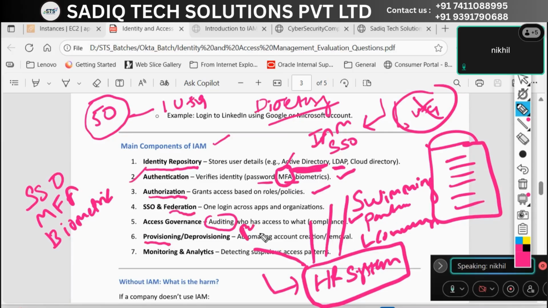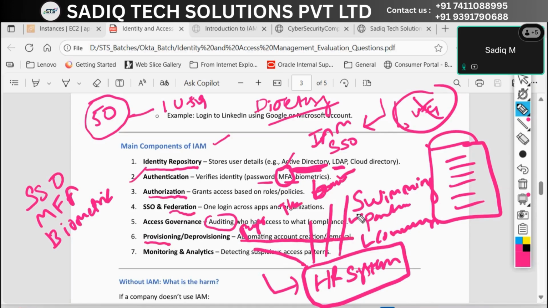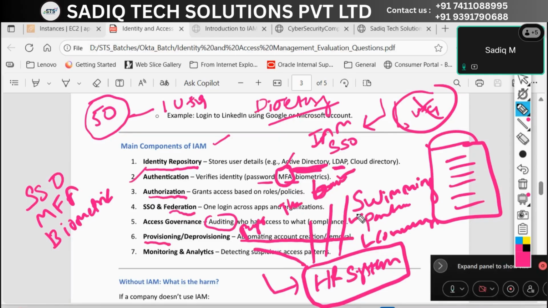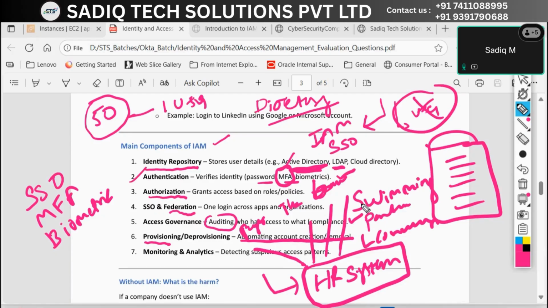There could be payroll, a timesheet entry, an internal leave tracker. For how you will get all these application accesses, the IAM solution should be in place, automating account creation and removal. Suppose an employee has left the organization, then that account has to be removed immediately and automatically. It should not be manual work.